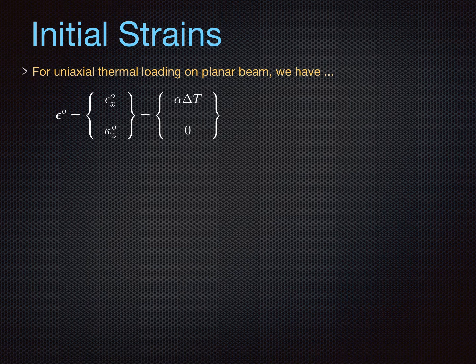And as I was telling you, I'm just going to omit any initial curvature, but only include axial strain that is thermally induced. And if that's the case, epsilon sub x superscript 0 will be just the thermal expansion coefficient times the change in temperature, delta T, whatever it is, and plug that result into here.